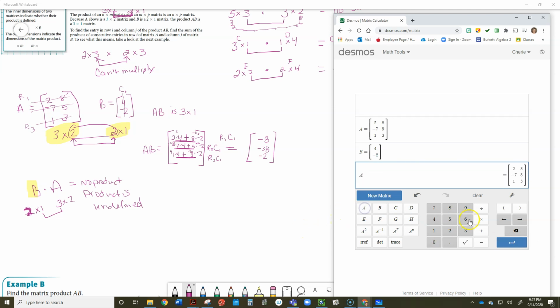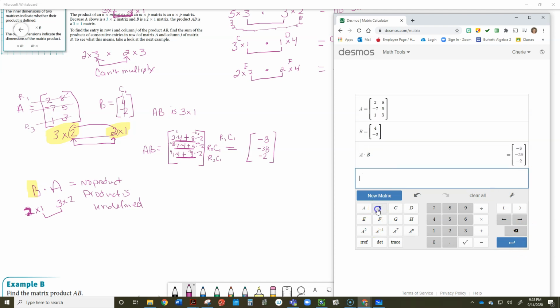We said A times B didn't have a problem, we got the right answer. But if you turn it around and say B times A, it says, I'm sorry, I can't do it. Cannot multiply matrices with incompatible dimensions.